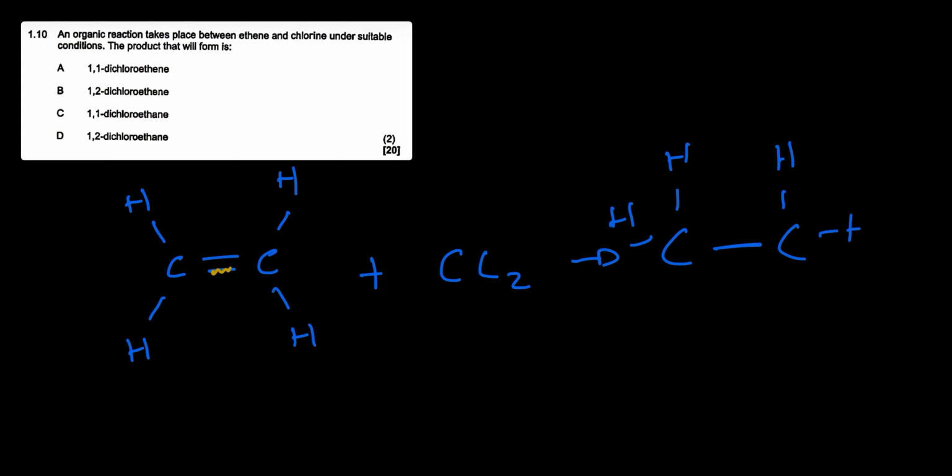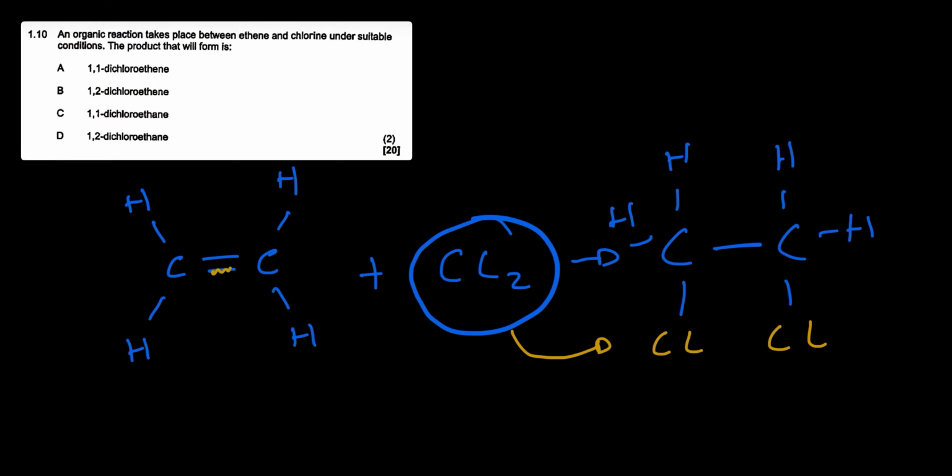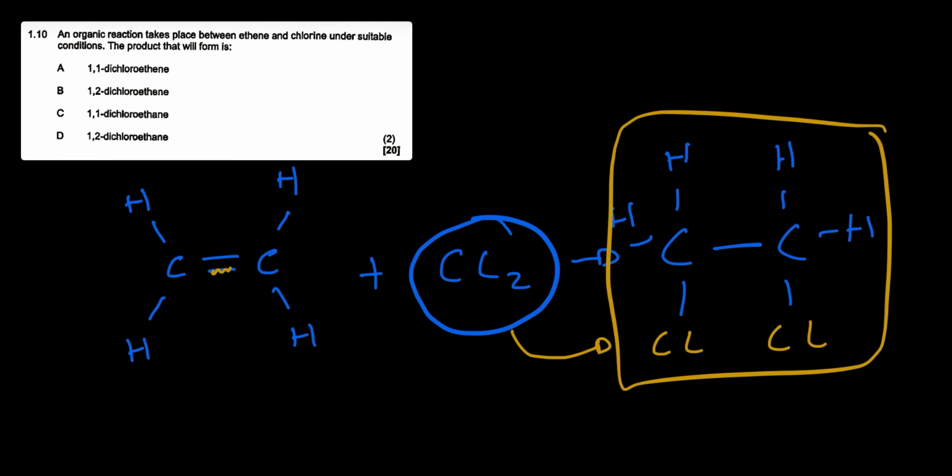But the bond that was in between is just going to have a space whereby it can bond with other things. So remember, we have two chlorines in this case. So one chlorine will be attached to this carbon and the other chlorine will be attached to that carbon. So this will be the product that we have.